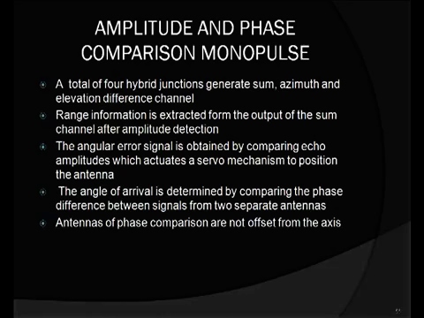The angular error signal is obtained by comparing echo amplitudes, which actuates a servo mechanism to position the antenna. In phase comparison, the angle of arrival is determined by comparing the phase difference between signals from the two separate antennas. Antennas of phase comparison are not offset from the axis.